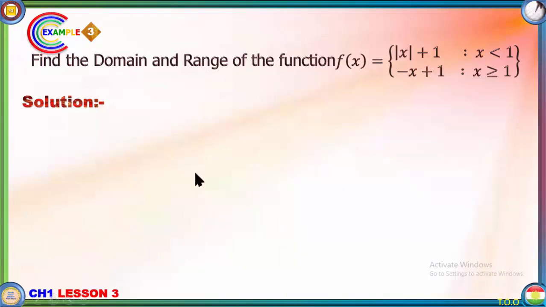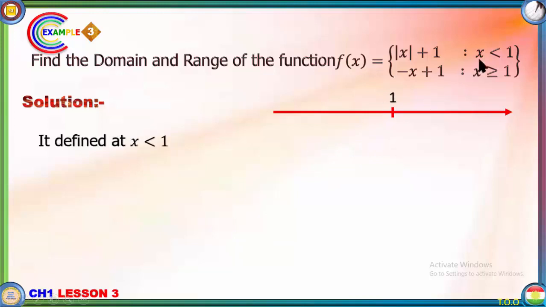Example number 3. Find the domain and the range of the function f(x) equals absolute value of x plus 1 when x is less than 1, and minus x plus 1 when x is bigger than or equal to 1. As you can see, the function is defined in two parts.